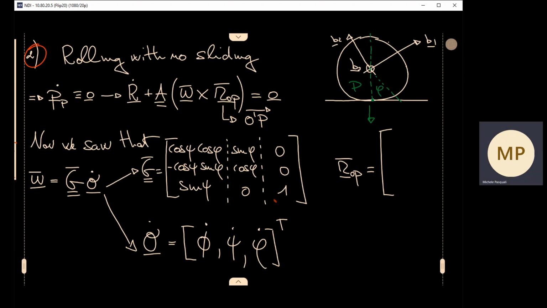And remember that this quantity is the radius A.